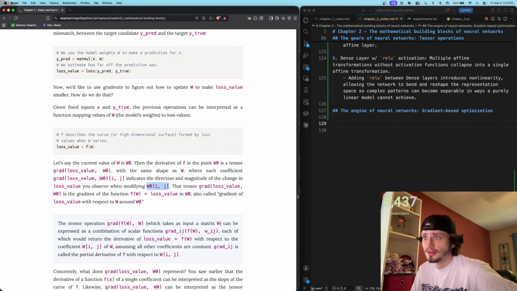And the gradient, remember, is the derivative at this value. So this indicates the direction of the change in the loss value you observe when modifying this individual weight. So we're modifying this individual weight, and this is that observation that we noticed when we modified it, the gradient or the derivative.